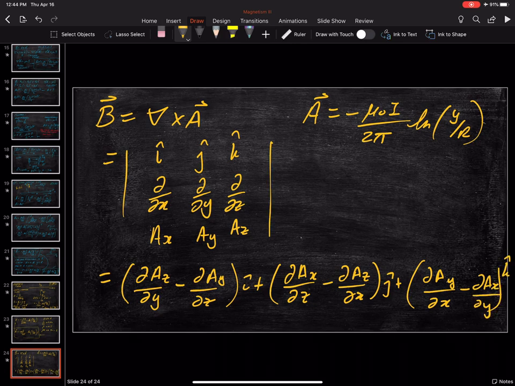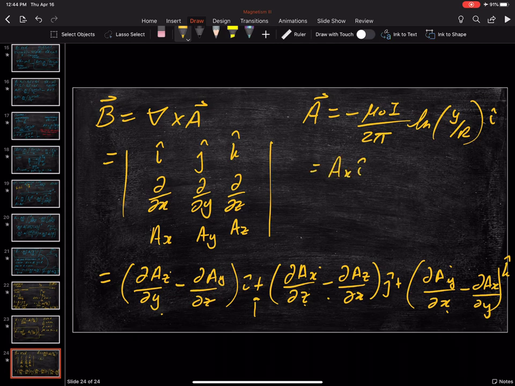Yes, I know that usually this is a minus, but I switched the order inside. Why? Because look at the order: z, x, y, y, z, x. There's a nice cyclic permutation here. So in this case, this is A x i hat.